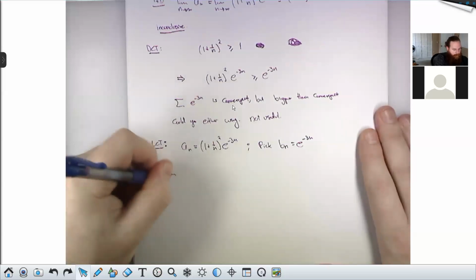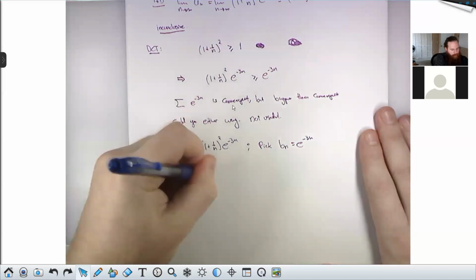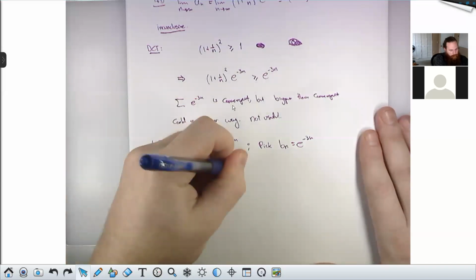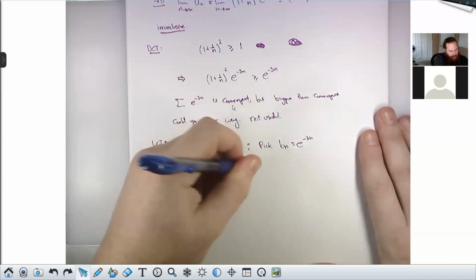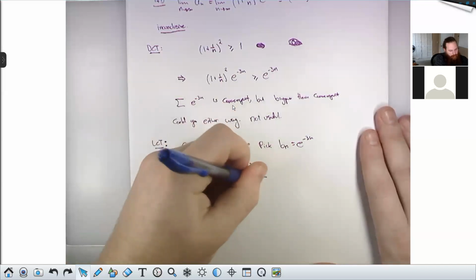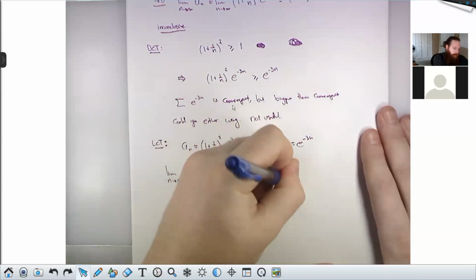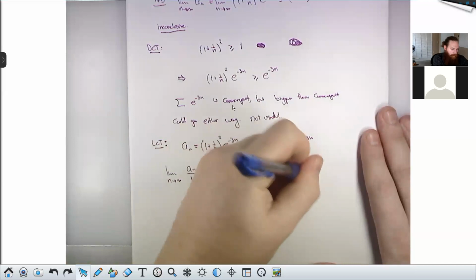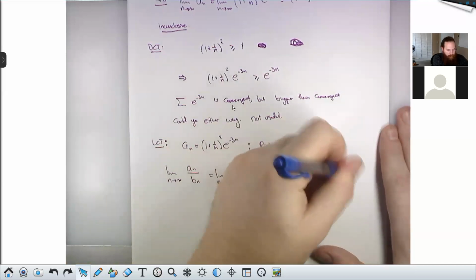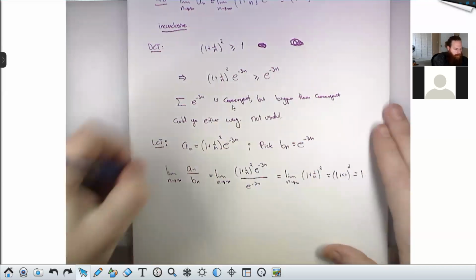The limit as n goes to infinity of an over bn is the limit of (1 plus 1 over n) squared e to the negative 3n over e to the negative 3n. Those cancel, and you get the limit as n goes to infinity of (1 plus 1 over n) squared, which is (1 plus 0) squared, which is 1. And this is the number C.